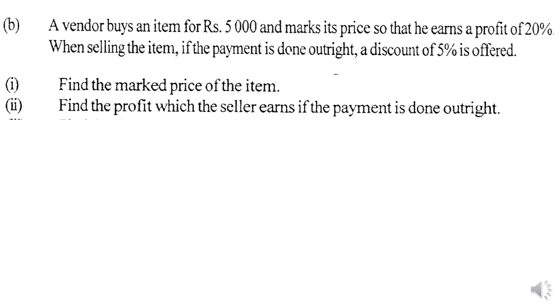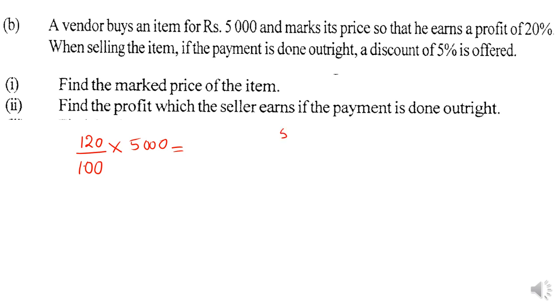Marked price should be 120% of the buying price. So we have to write like this: 120% into 5,000. Then you get the marked price, because you see the 5,000 is the 100% of the price, and you have to add 20% more.